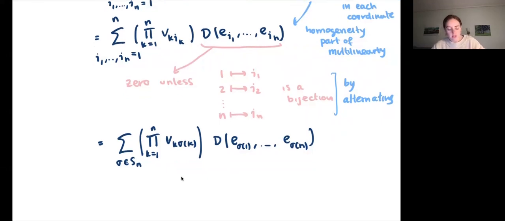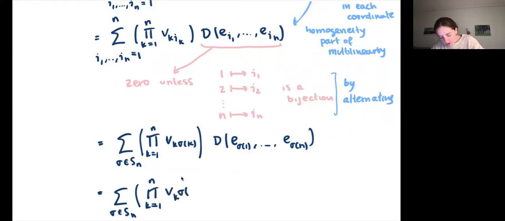So this is going to be the sum over sigmas in Sn times this product, v k sigma of k, and then sgn of sigma, and then D of the standard basis.